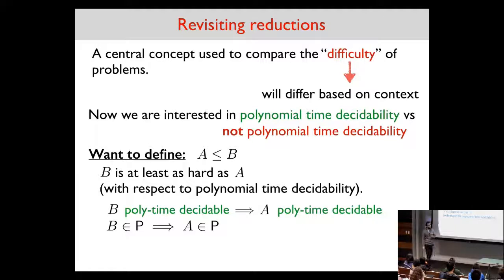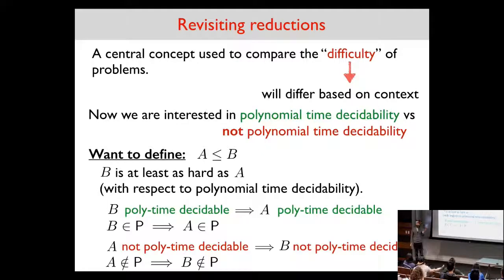To be more precise, when we write A less than or equal to B, it should mean that if B has a polynomial time algorithm, then A also has a polynomial time algorithm. If B is in P, then A is in P. The contrapositive of this statement is totally equivalent: if A does not have a polynomial time algorithm, then B does not have a polynomial time algorithm. If A is not in P, then B is not in P either.